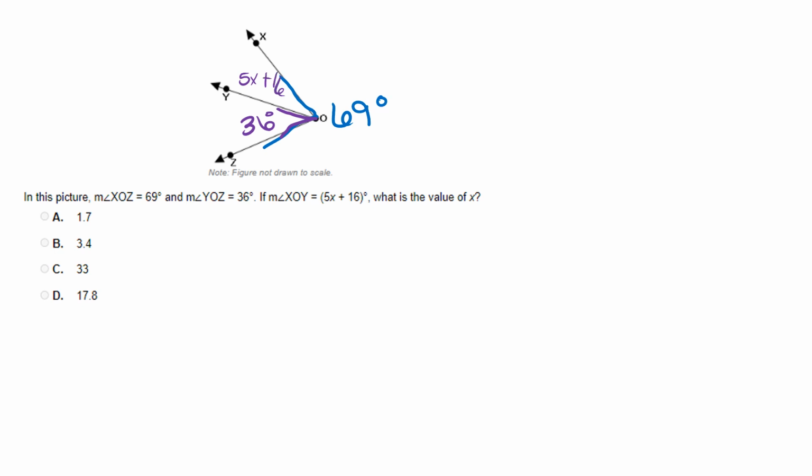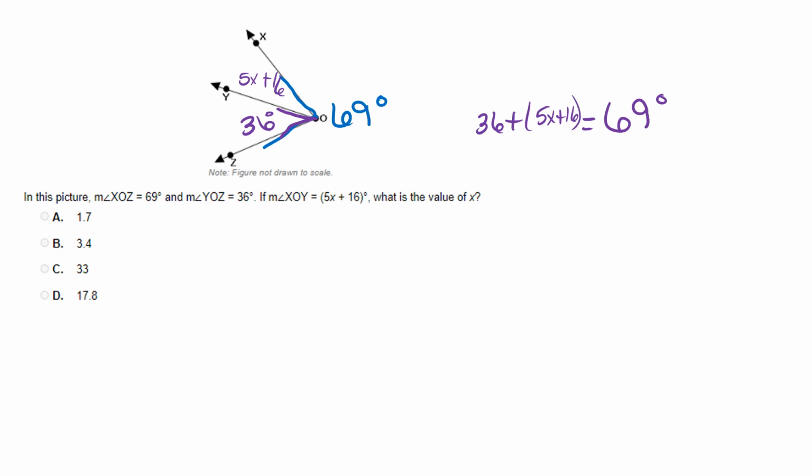What is the value of x? If you know the whole thing is 69 degrees, and you know one part is 36, the other part is 5x plus 16, you can just add those together.